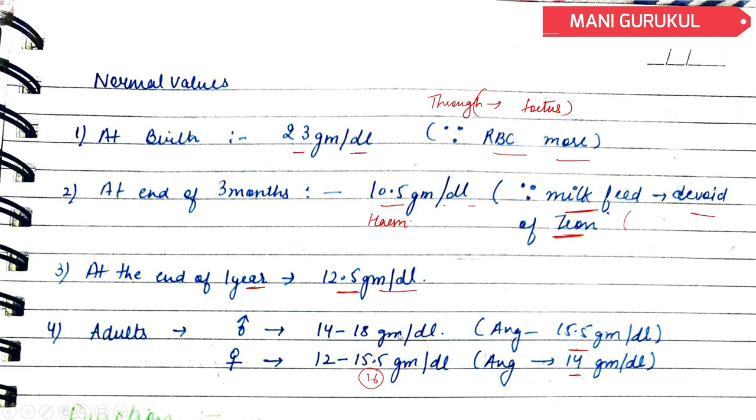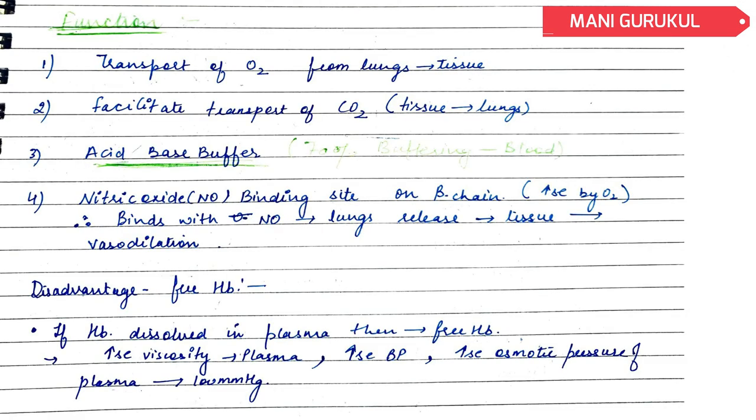So what are the functions of hemoglobin? It transports oxygen from lungs to tissues and facilitates transport of carbon dioxide from tissues to lungs. It also acts as a buffer, with 70% of the buffering capacity in blood.